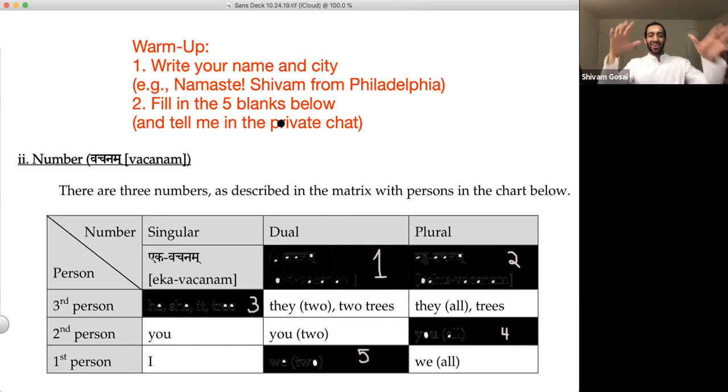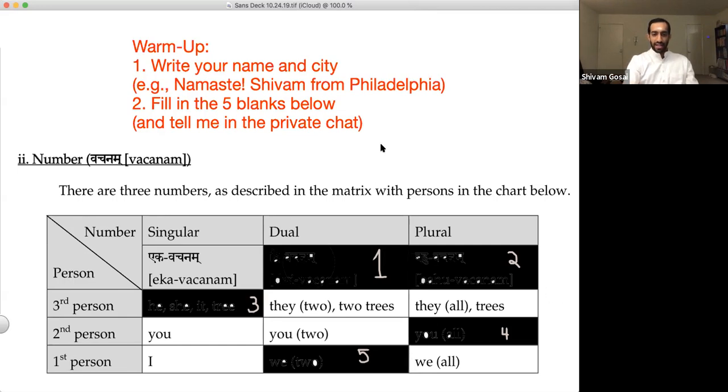Okay, so this chart, we should be very clear about where we are and what we're doing, and that this all makes sense, okay? So in number, vachanam, we have three numbers. We have eka vachanam. So number one, the answer for number one will be dvi vachanam. And the answer for number two will be bahu vachanam.